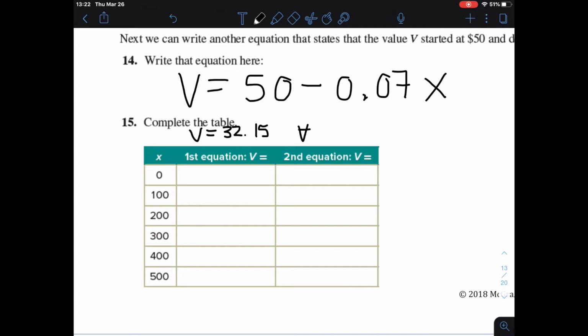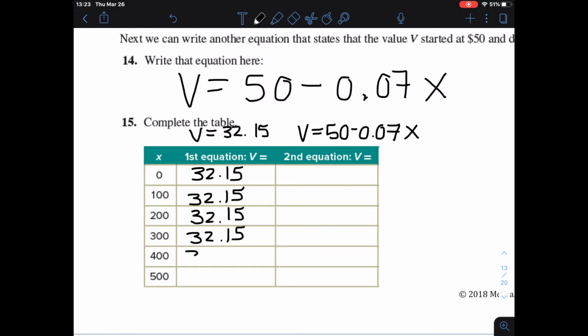And the second equation is V is equal to 50 minus 0.07x. Regardless of the value of x, the first equation tells us the value is always $32.15, so the output is always 32.15.